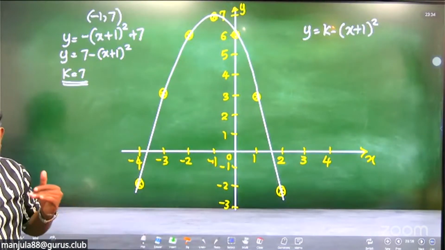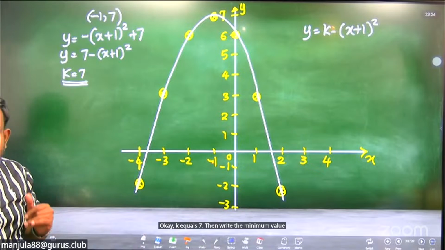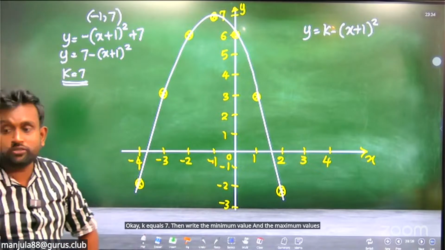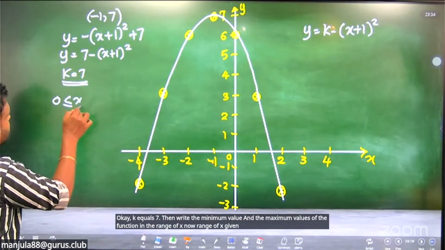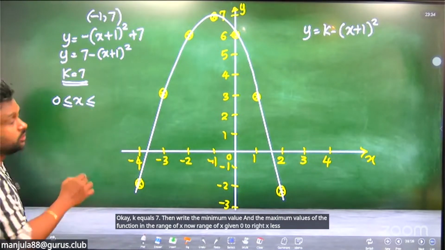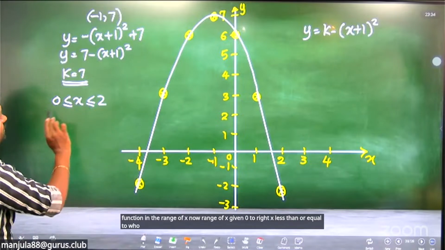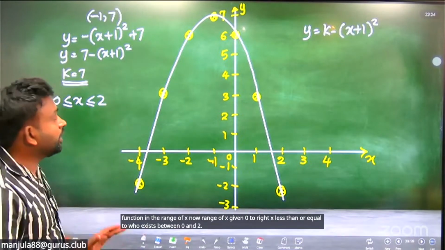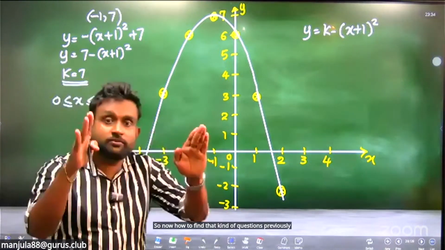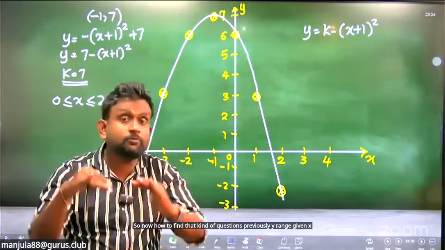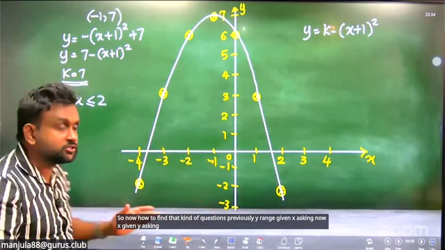Then write the minimum value and the maximum value of the function in the range of x. Now range of x given 0 less than or equal to x less than or equal to 2. X is between 0 and 2. So now how to find that? Previously y range given, x asking, now x given, y asking. So now draw the function equations.